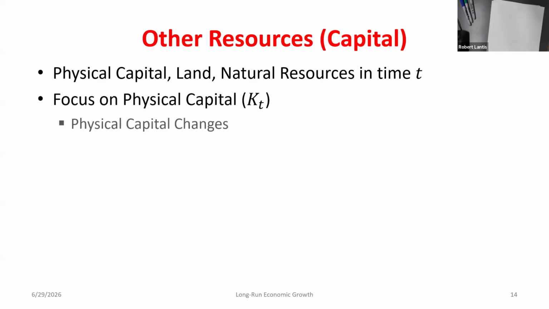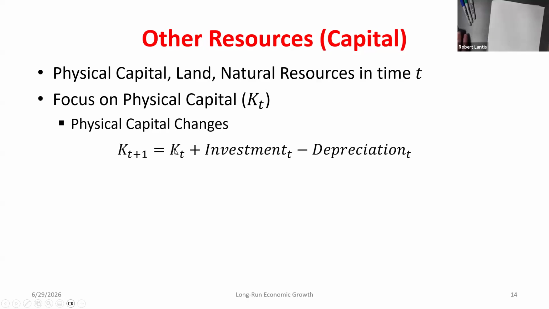So we'll call this K. So changes in physical capital will be whatever the current capital starts out as, plus the investment that we made in the capital this time period, minus the depreciation. So investments in capital would increase the level of capital. But as we have different physical capital depreciate, so some of our machines become obsolete, that's going to reduce the level of capital that we have.